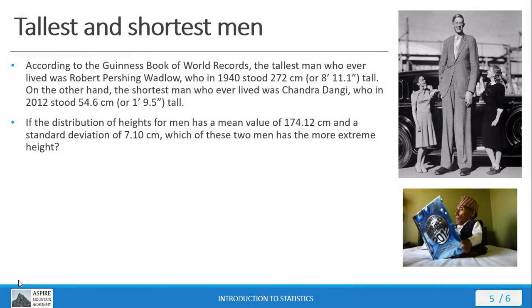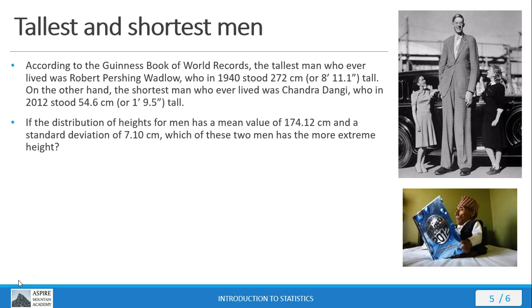Let's look at one more example involving the world's tallest and shortest men, according to the Guinness Book of World Records. By that account, the tallest man is Robert Wadlow, who in 1940 stood almost 9 feet tall. The locals called him the Giant of Illinois because he was from Illinois and he was, well, giant. Then at the other extreme of the spectrum, we have Chandra Dangi.